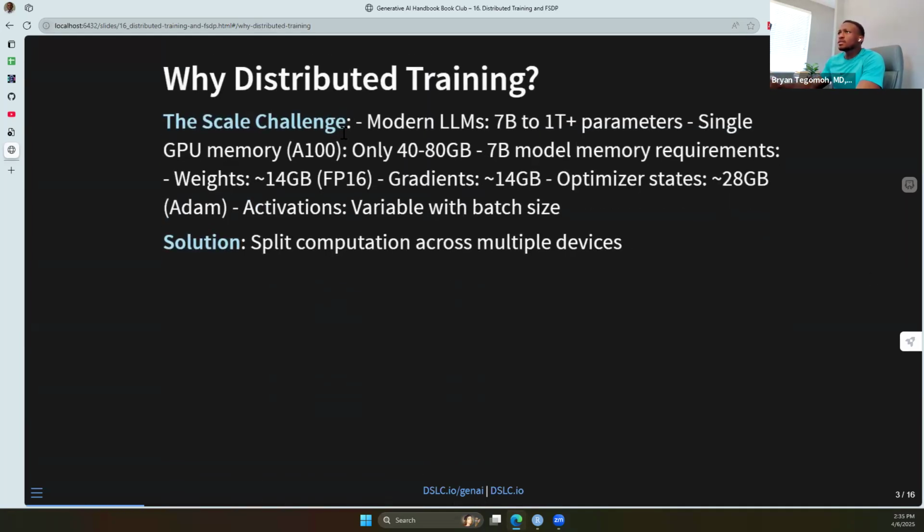Why is this important? Why does this matter? Modern large language models are extremely large, as you know, often with billions or trillions of parameters, as I showed earlier. That exceeds a single GPU's capacity.